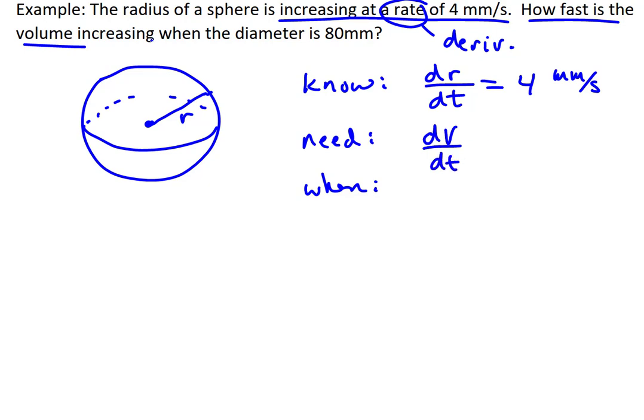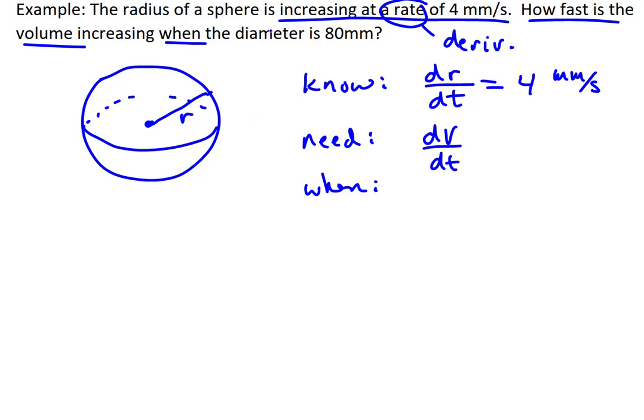So increasing, there's the rate language. I'm going to call this dV/dt for the derivative of the volume with respect to time. We don't know what that is, but that's what we want. That's what we need to know in this question. And then when, the word when is actually in the problem. That's not always true with a related rate problem, but it sometimes is staring you right in the face. When the diameter is 80 millimeters.